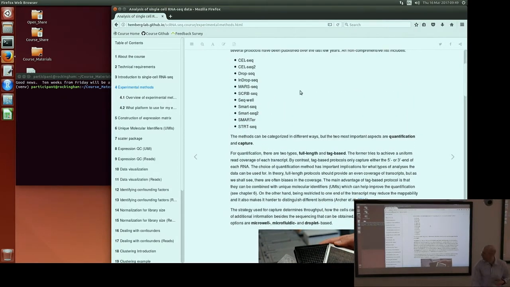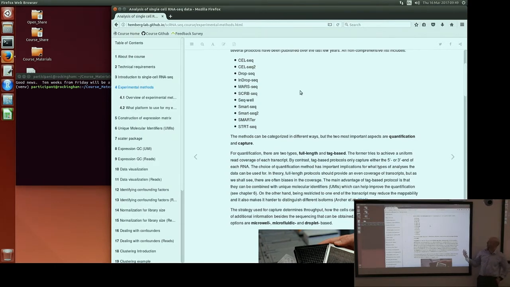The advantage of UMIs is that you can think of it as a unique tag that you attach to each transcript, and it can significantly improve quantification. So that's why that might be quite nice.